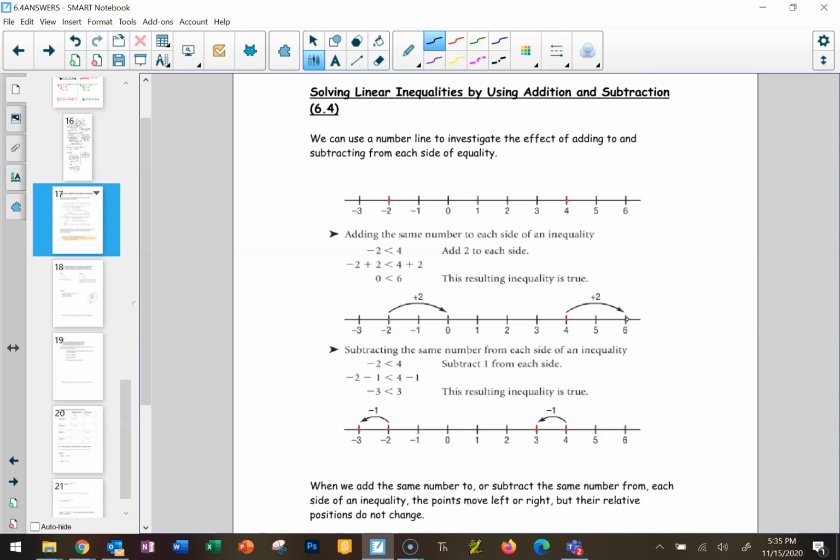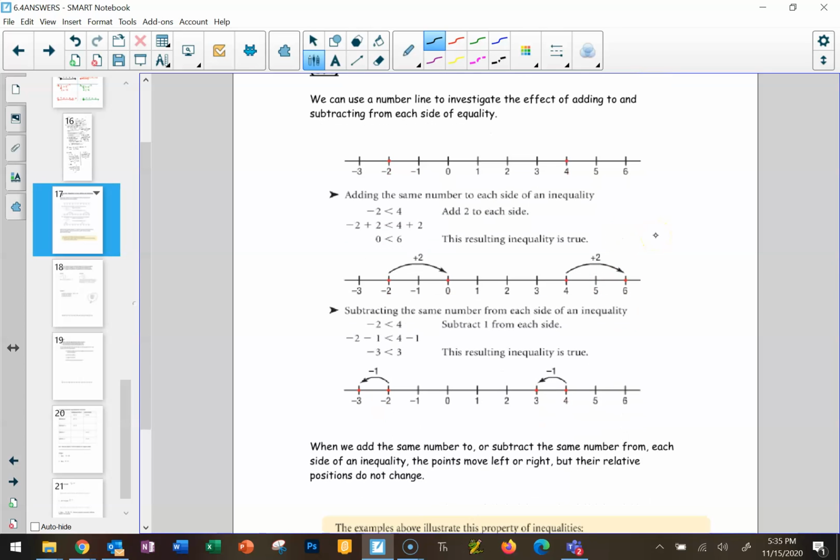So we started with -2 is less than 4, which was true, and then we ended up, when we added 2 to both sides, with 0 and 6, and 0 is still less than 6. So we don't need to switch the inequality sign, whether it be greater than, less than, greater than or equal to, less than or equal to, with addition and subtraction. So that makes it nice and easy.